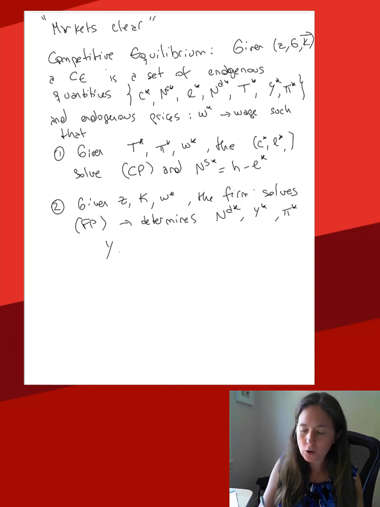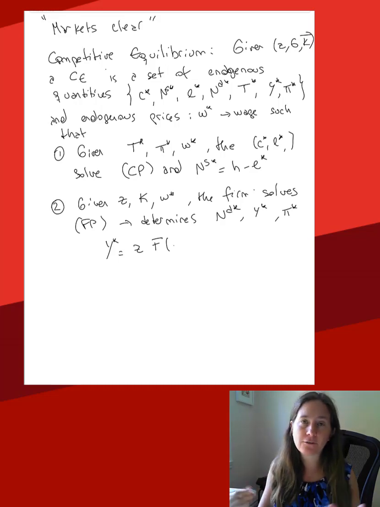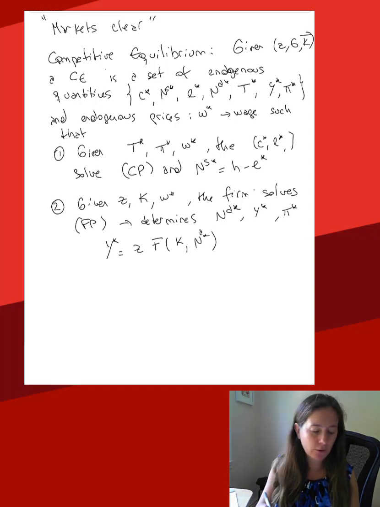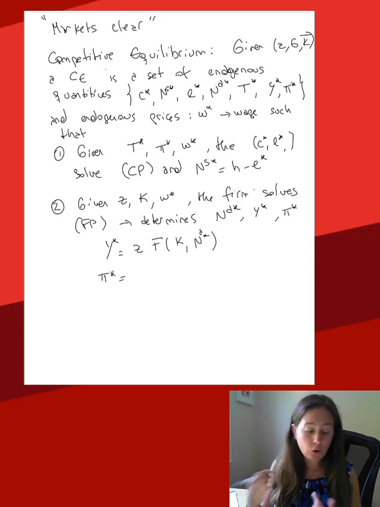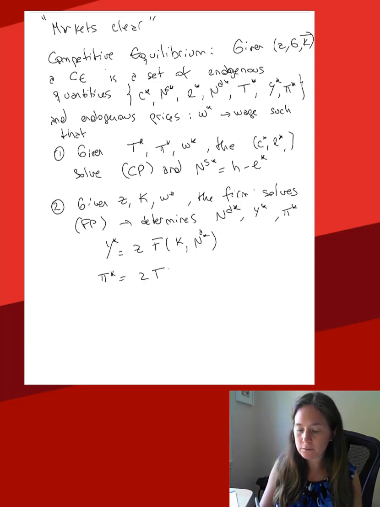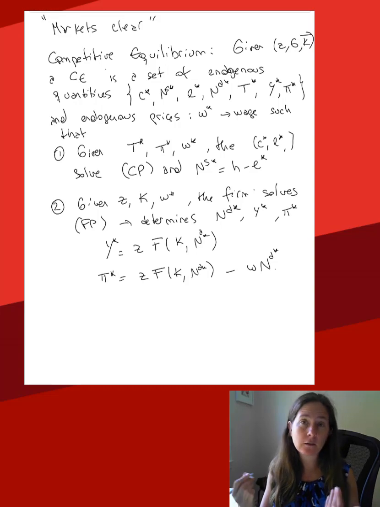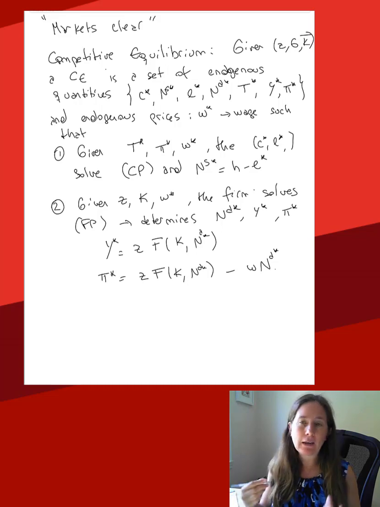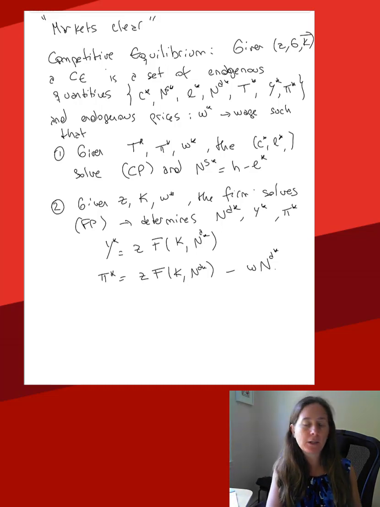From which conditions? Well, the total amount of production is going to be the total amount that the firm produces given the level of capital and her optimal demand for labor. The profits are going to be the difference between this total production and the amount that the firm is paying to workers for being hired. So again, how do we find the demand for labor? We basically need to solve the firm's problem.